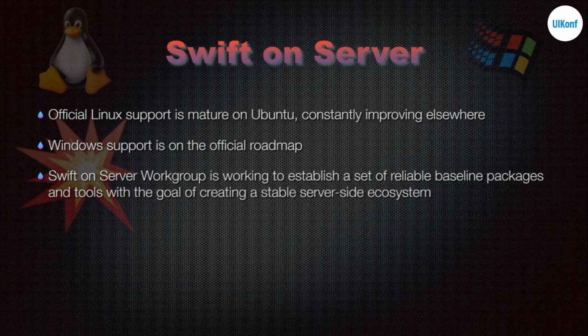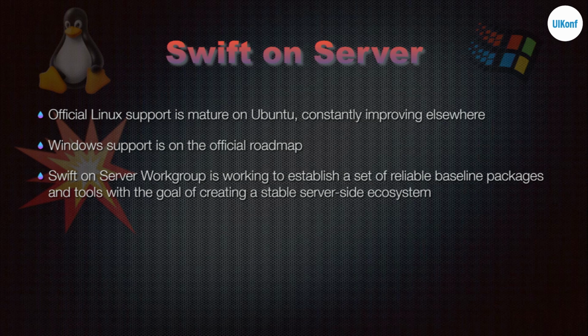There's an entire Swift on Server workgroup whose job is basically to maintain a set of packages and help new packages be developed and improved to the point where they're useful in a widespread sense, to create an entire ecosystem. This is not entirely different from the way that more familiar web frameworks like Ruby on Rails and Node.js already have.